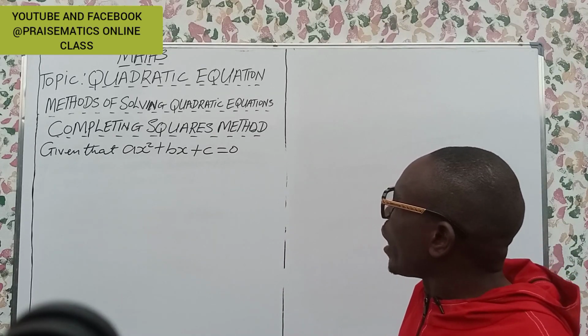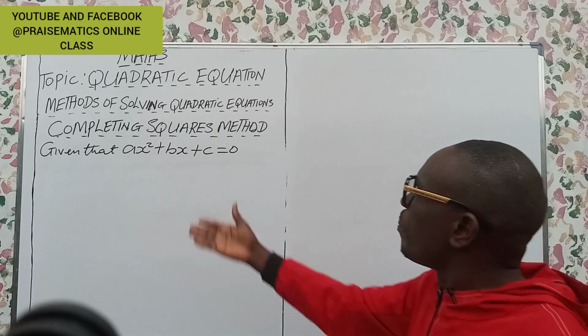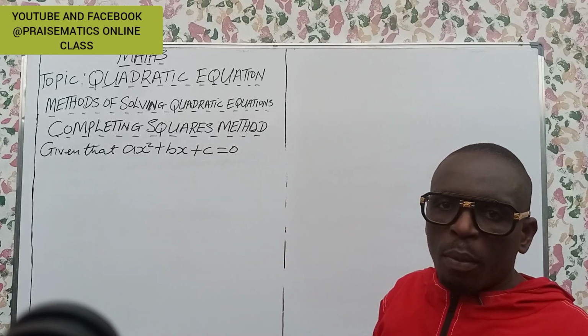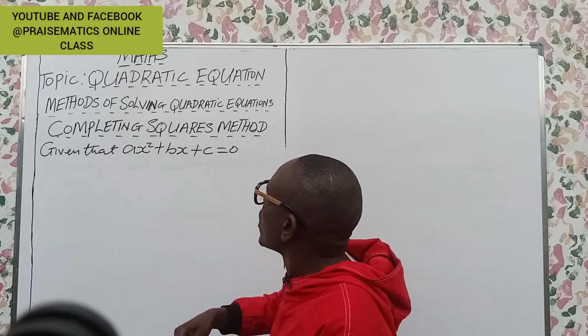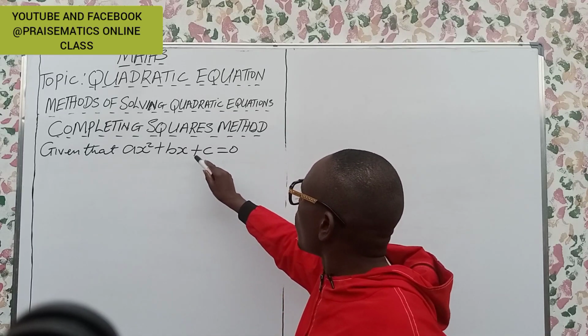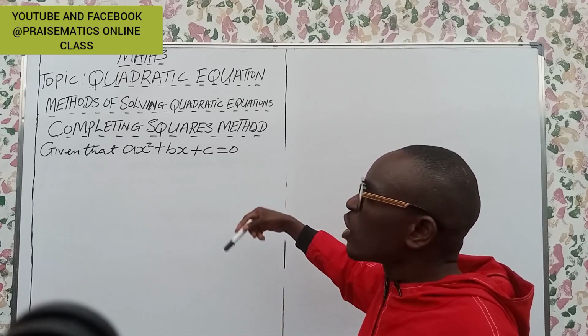In other words, another way of asking this question is: make x the subject of the formula, given that ax squared plus bx plus c is equal to 0, using the completing square method.